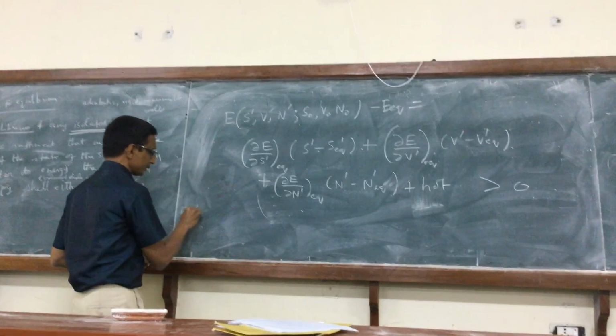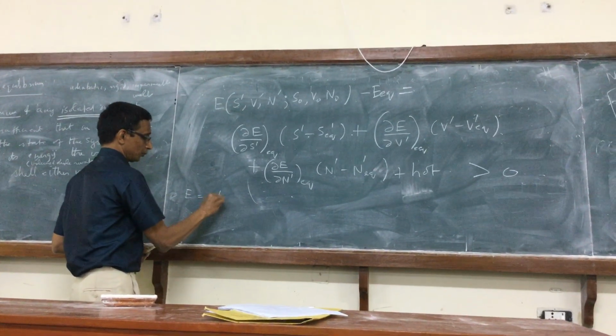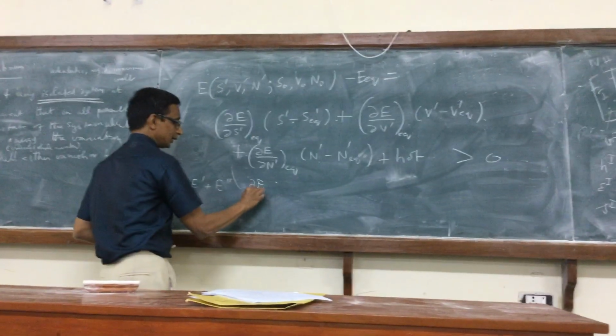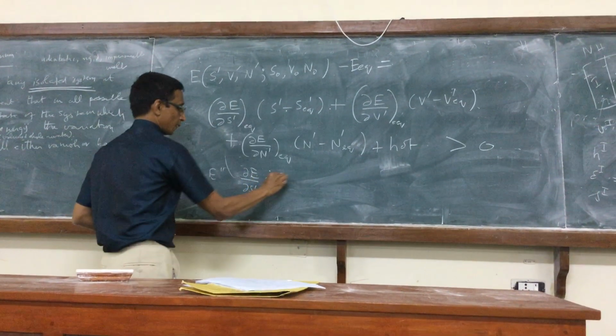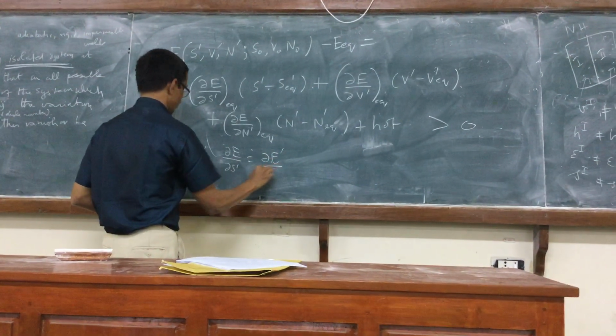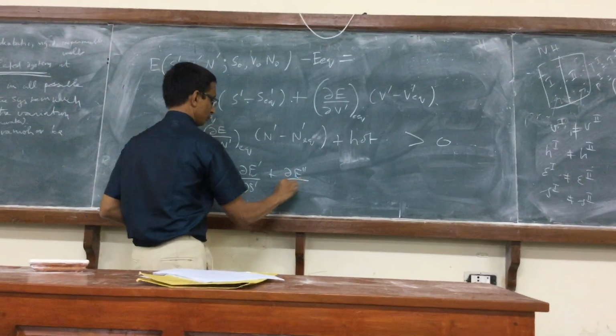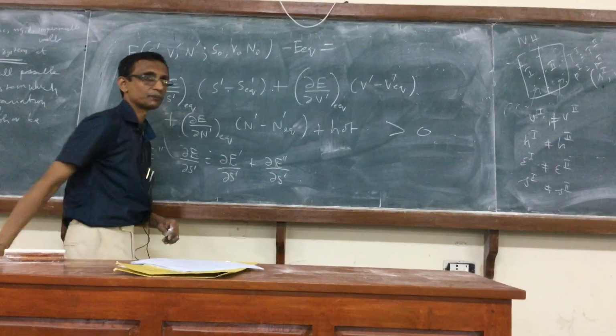Right? So E is equal to E prime plus E double prime. So dE by dS prime is dE prime by dS prime plus dE double prime by dS prime.